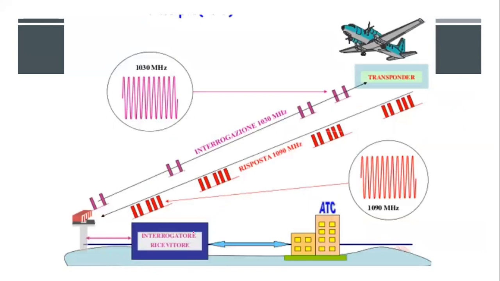You can see this is a perfect diagram. This is the interrogation. Interrogation basically means, if you remember movies in which the police is interrogating the suspect, the ATC tower is interrogating the aircraft. Which aircraft is this? What altitude is it flying at?